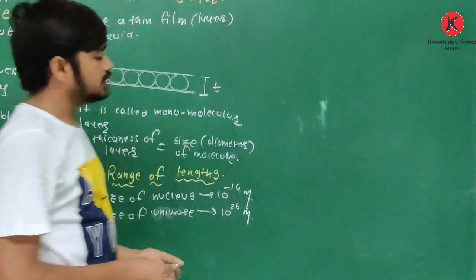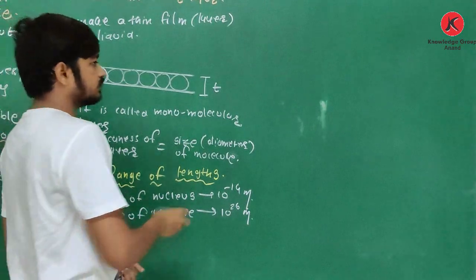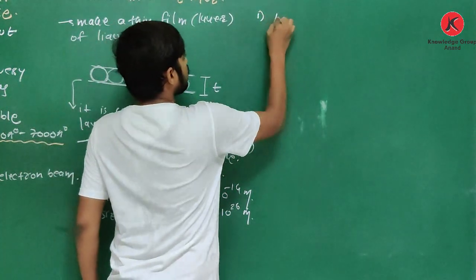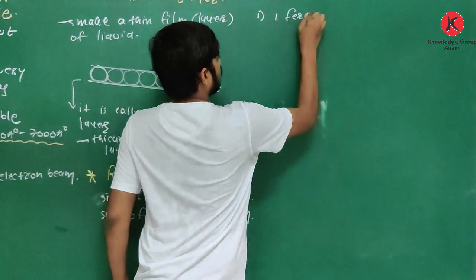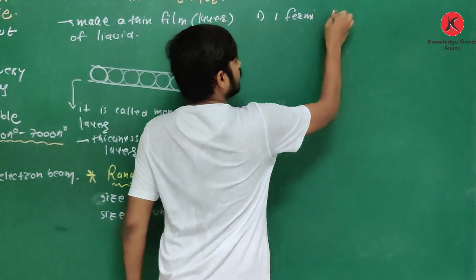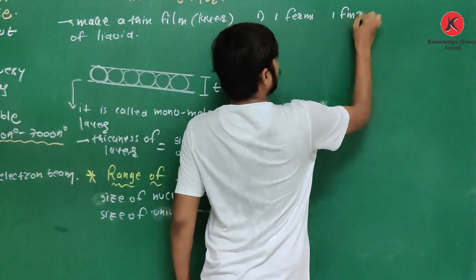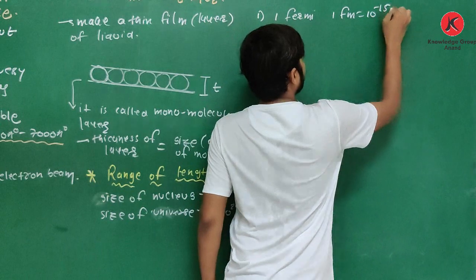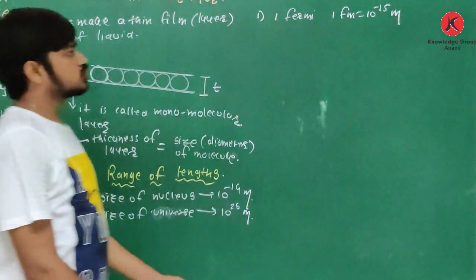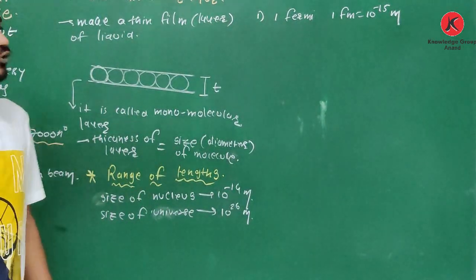The first one is 1 Fermi. 1 Fermi, also denoted by 1 Fm, is equal to 10 raised to minus 15 meter. Yes, you have to remember this.